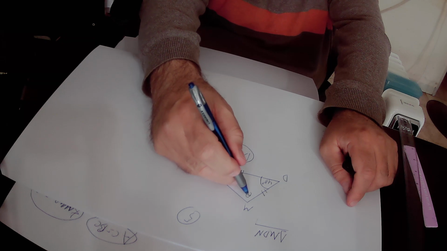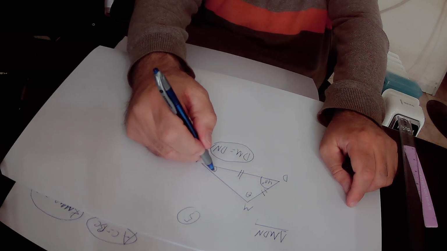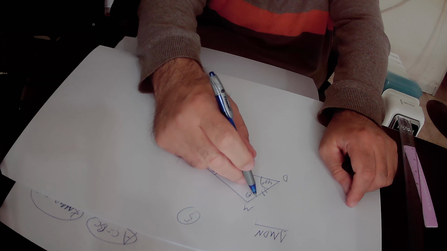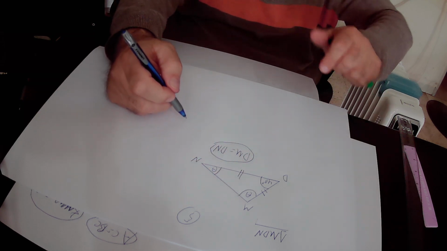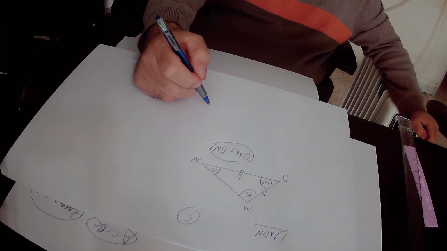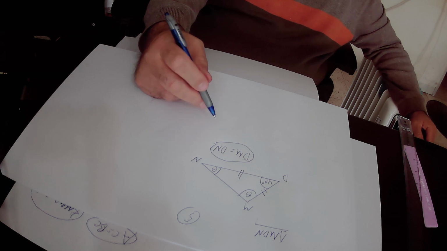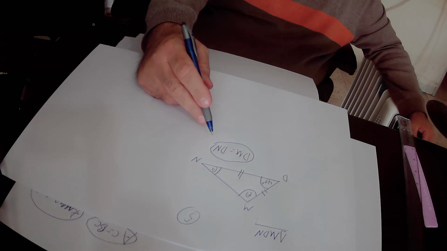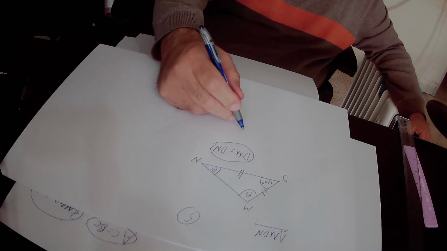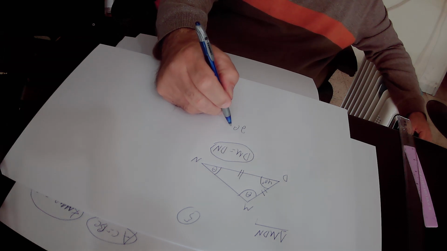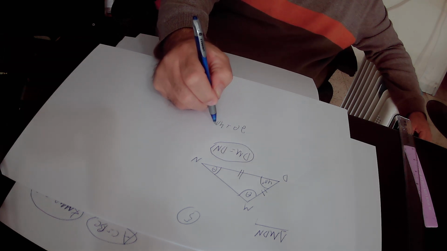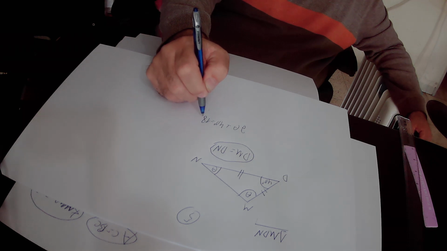If this angle is theta, this angle must also be equal to theta. And the sum of the angles in triangle DMN must be equal to 180 degrees. Theta plus theta is 2 theta, plus 40 degrees must be equal to 180 degrees.